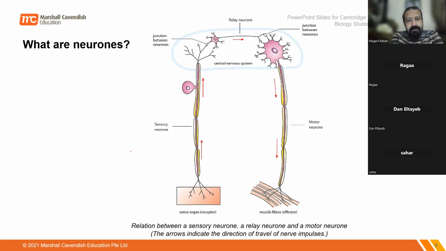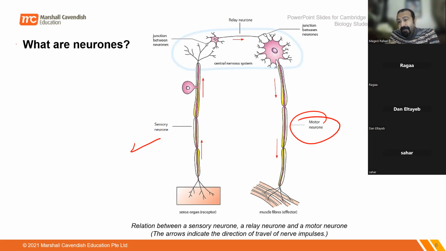Sensory neuron, relay neuron, and motor neuron. Three types of neurons we have in the body.